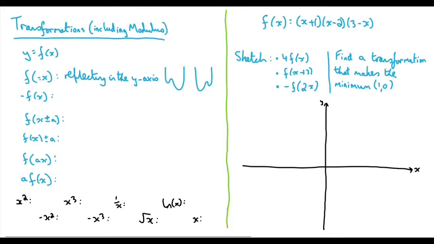If instead, though, rather than putting the minus inside the bracket with the x, you put it on the outside, so it's minus f of x, this would instead mean that you are reflecting in the x-axis. So here, what's on the top will come to the bottom, and what's on the bottom will come to the top.